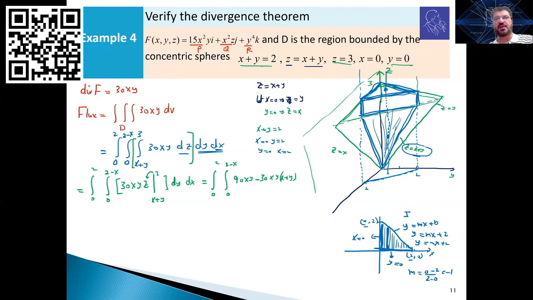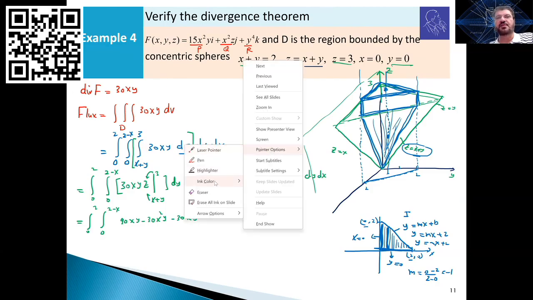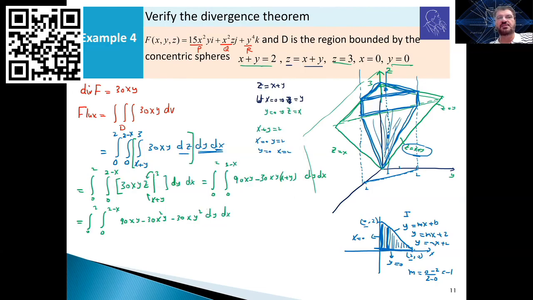We replace z with x plus y, and all of this dy dx is now equal to the integration from 0 to 2, integration from 0 to 2 minus x, of 90xy minus 30x squared y, then minus 30xy squared, dy dx.